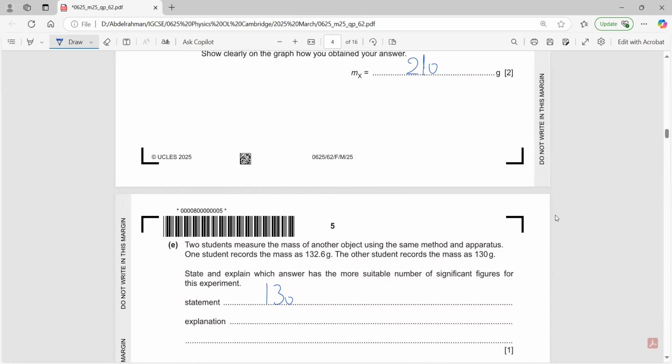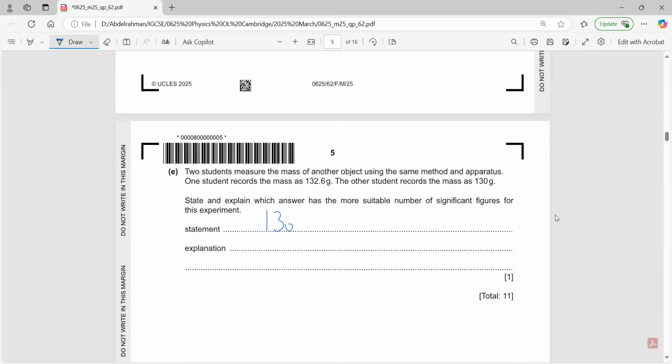Why? Because all of the values are two significant figures. So two significant figures is more suitable for our experiment than four significant figures.